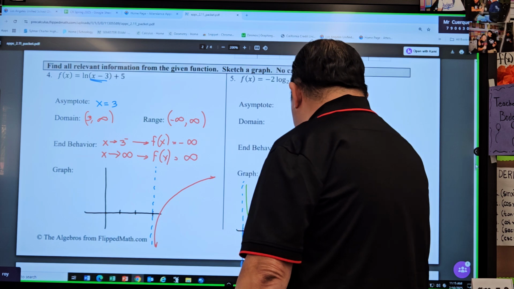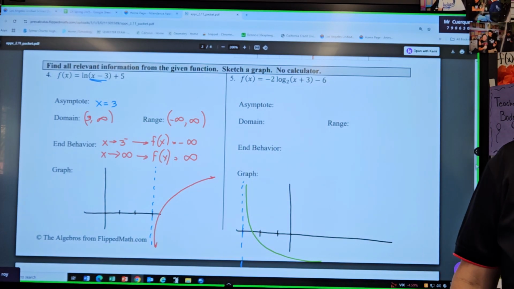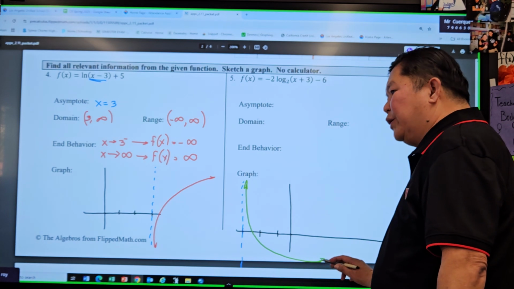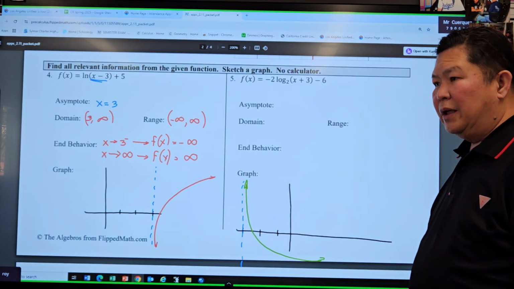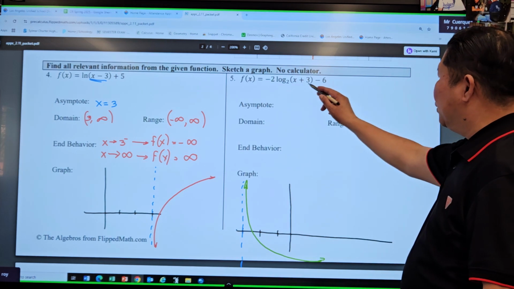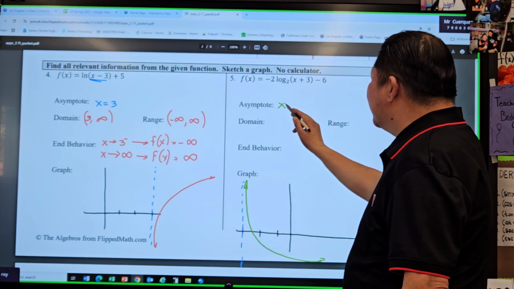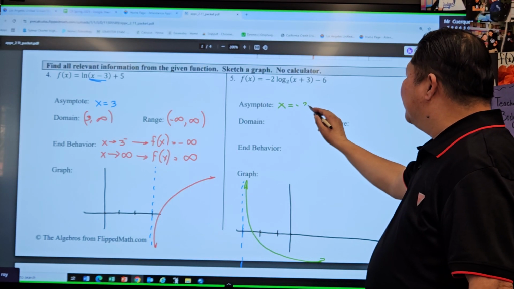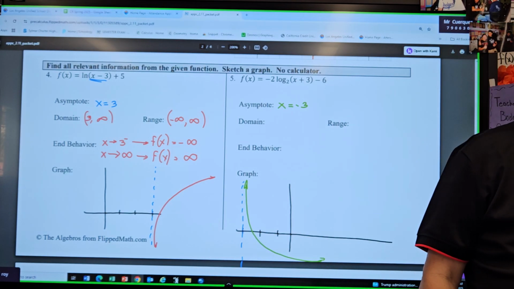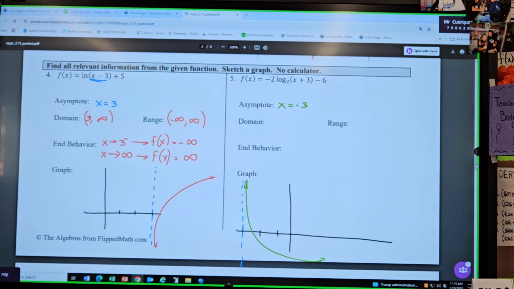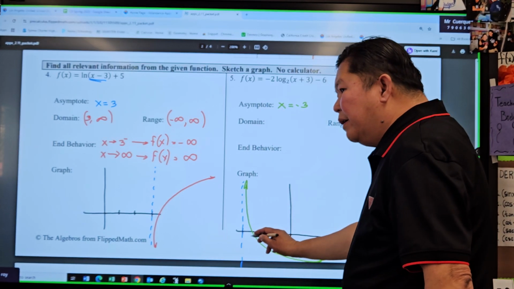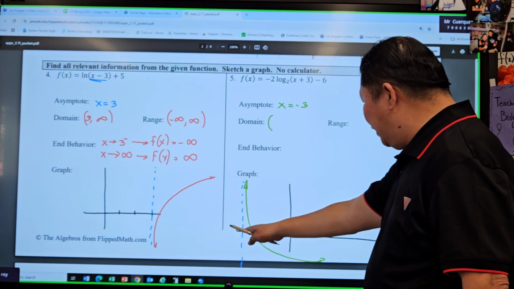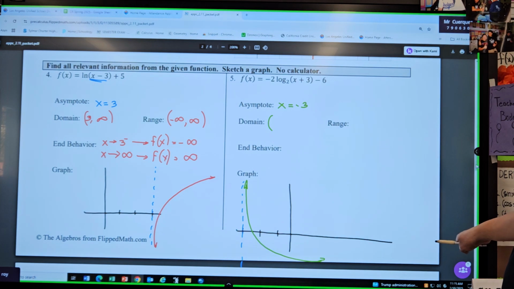Is your graph similar to mine? Okay, so this goes up and this goes to infinity also. What is our asymptote? X is equal to negative 3. And let's have the domain. Where does the domain start? From negative 3 all the way to positive infinity.